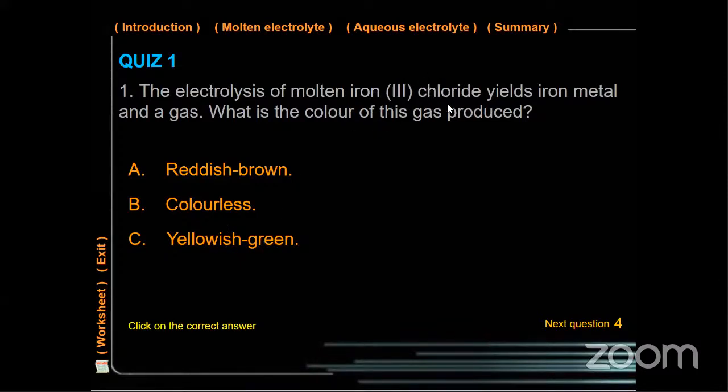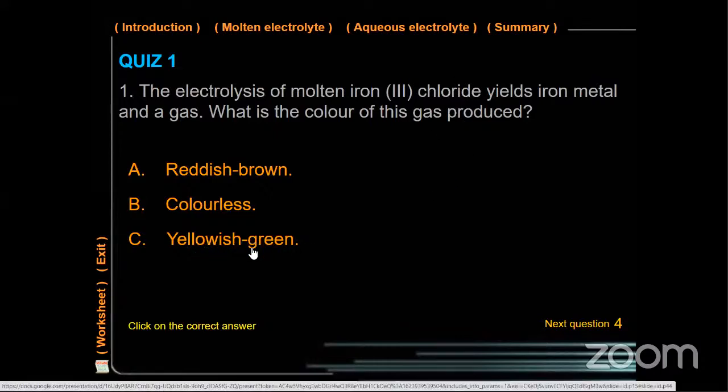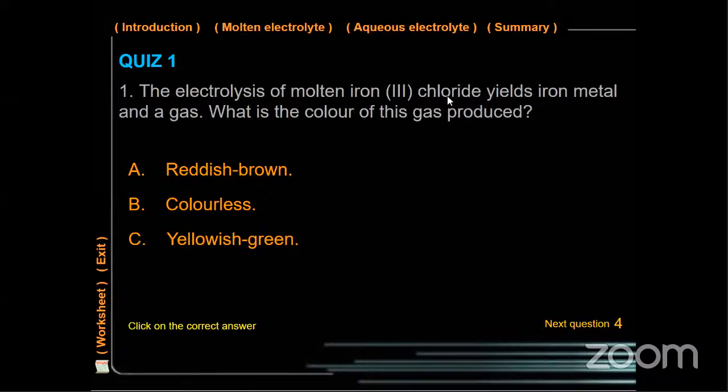We have iron 3 plus ions and chloride ions, Cl minus. The chloride, an anion, must have gone to the anode. So the yellowish green gas, chlorine, must have been produced at the anode. That was our answer.